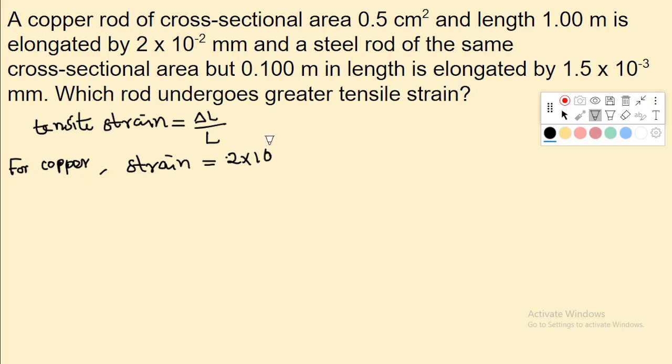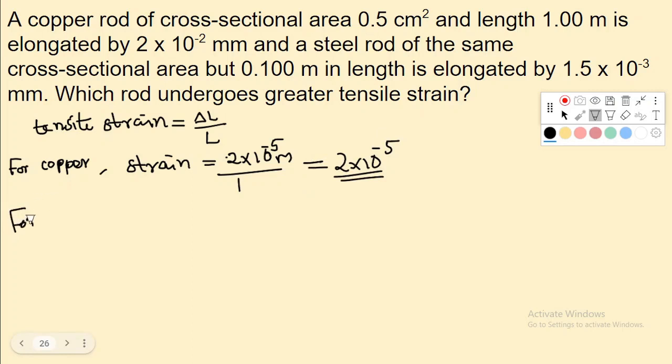When we convert into meter, into 10 raised to negative 3, in total we have 2 into 10 raised to negative 5 meter, divided by the original length. For the copper rod it is 1 meter. So the strain in the case of copper is 2 into 10 raised to negative 5.